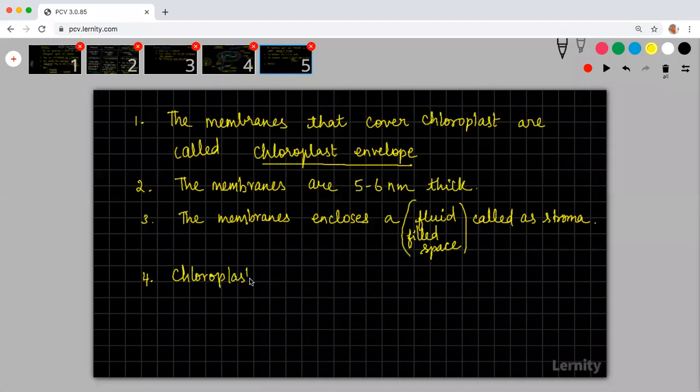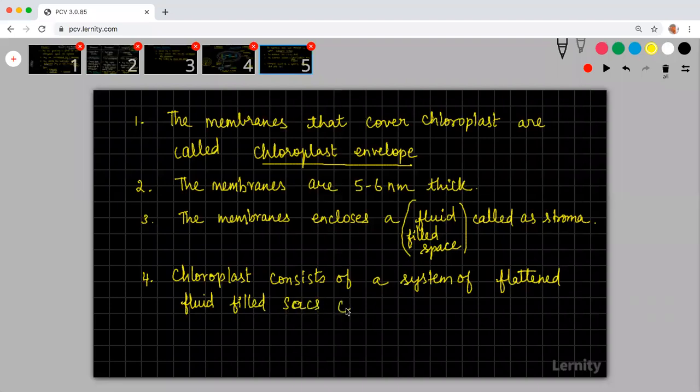Chloroplast consists of a system of flattened fluid-filled sacs called thylakoids. The stack of thylakoids is called grana. Granum is singular.